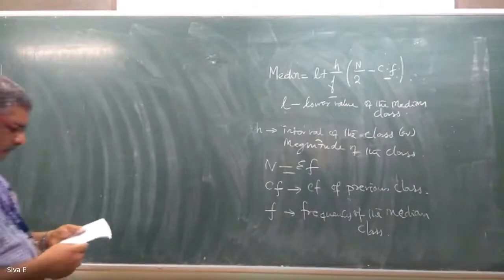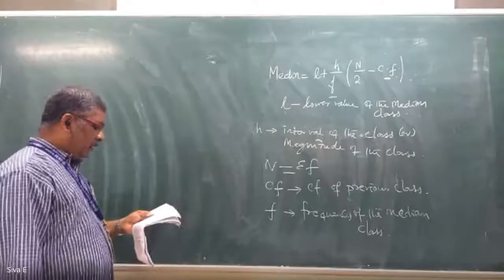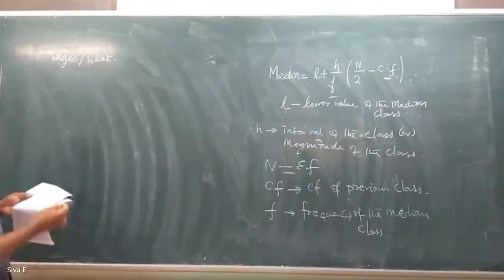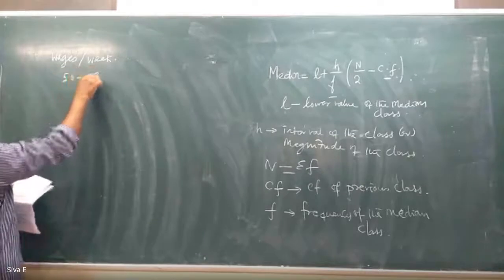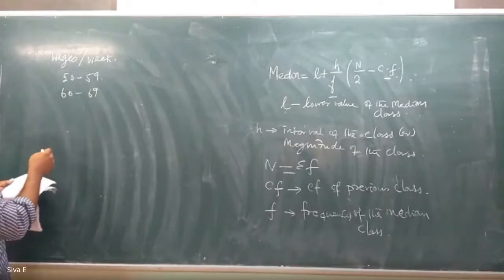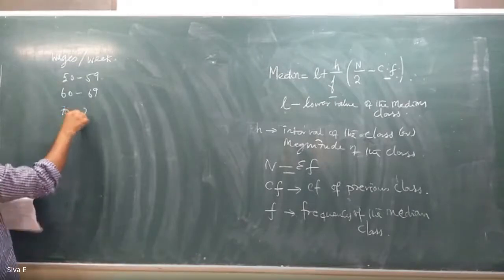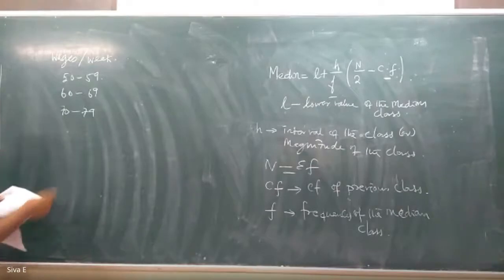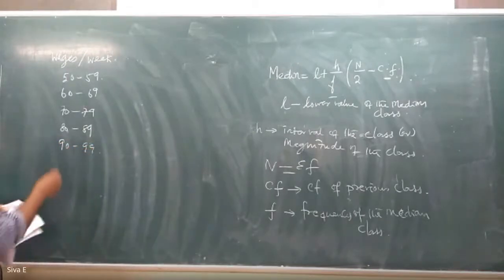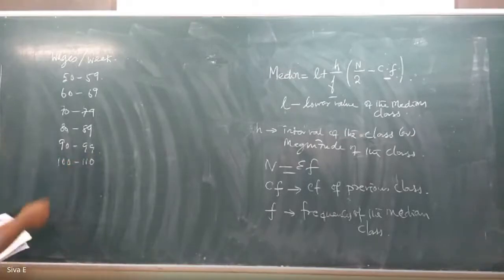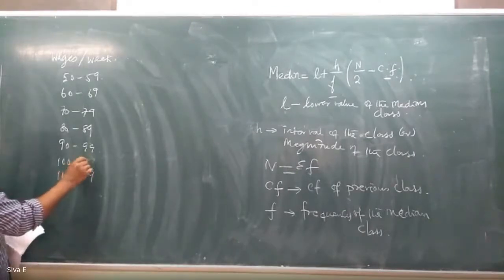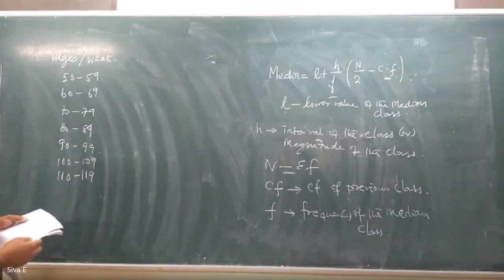Find the median for the following data. Wages per week: 50 to 59, 60 to 69, 70 to 79, 80 to 89, 90 to 99, 100 to 109, 110 to 119.